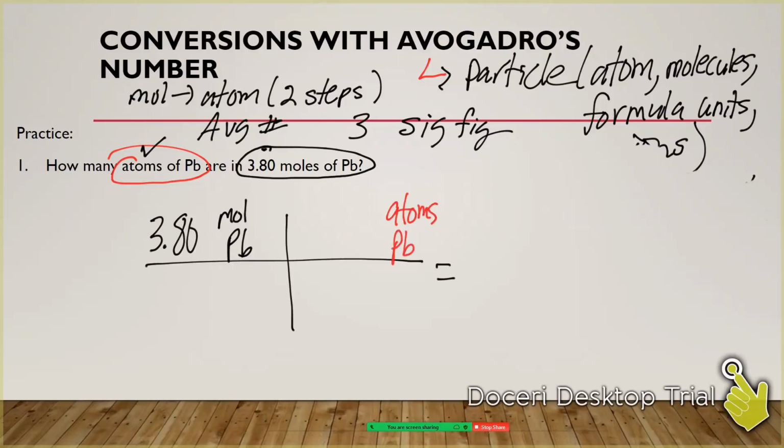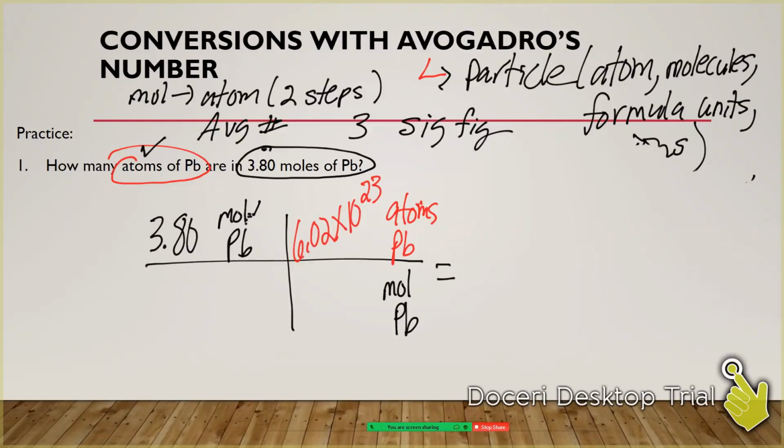So I give myself a beginning and an end. Then I start following my units. If I'm moles of lead here, I have to be the same thing down here, because I need that to cancel out. Up here is where I get my hint that I need Avogadro's number, because atoms is a type of particle. So 6.02 times 10 to the 23rd is going to go up there.